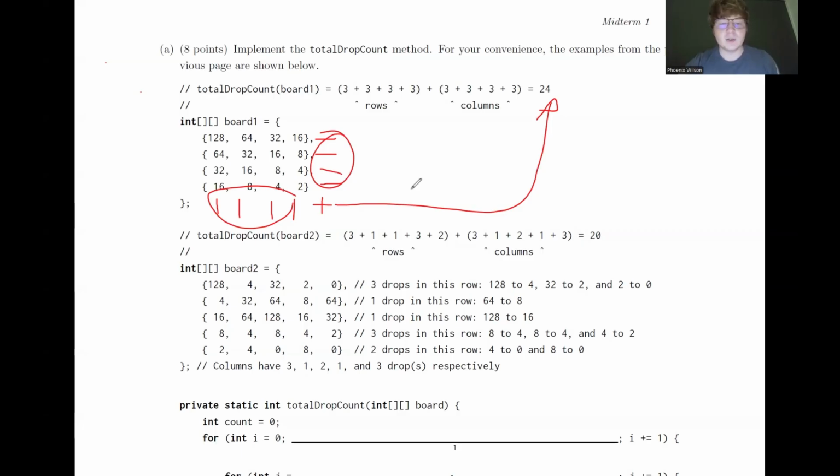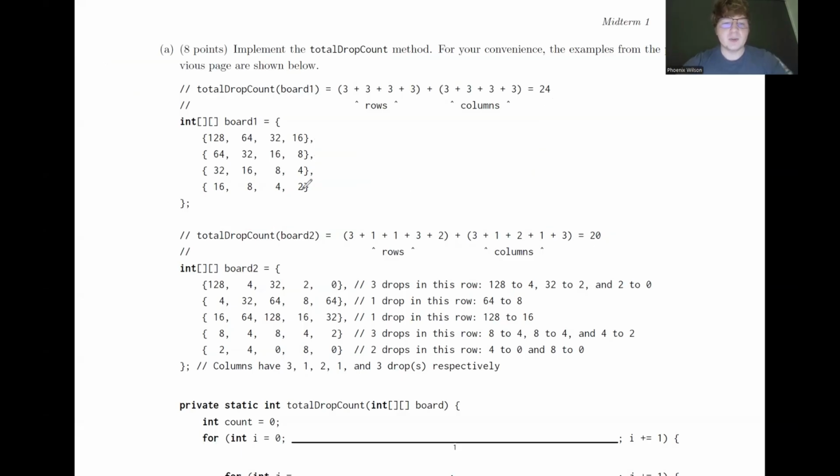The reason why it's slow is, maybe we'll consider the position 32 in our board. When we compute our row-wise drop counts, where we're going row by row, we're going to visit 32 once. And when we visit each column and compute our column-wise drop counts, we'll visit 32 again. So we're doing the same work essentially twice.